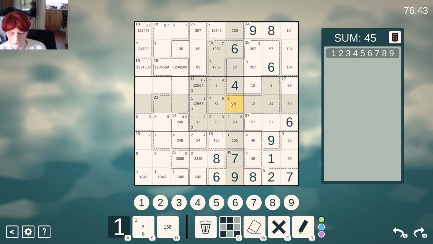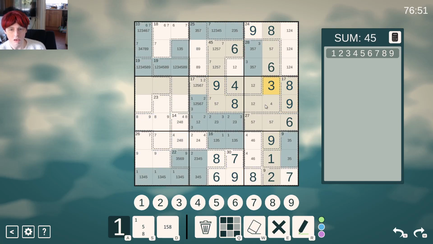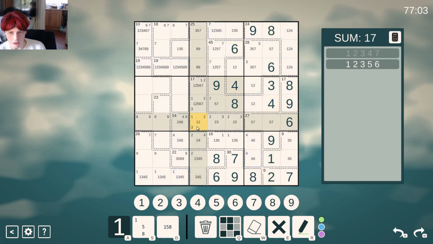And now we can fill in the 8 here, the 9 here, the 8 here, the 9 here, the 3 here. That's a 4. That was a big win. That must be 1 because we've got the 2, 3 pair.